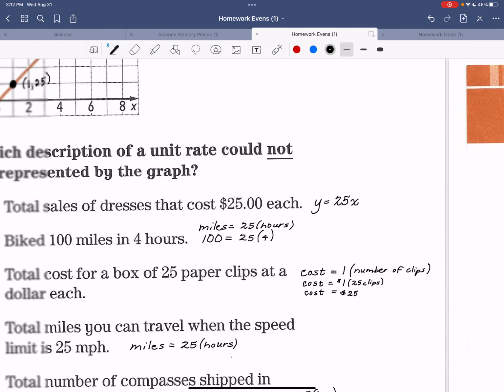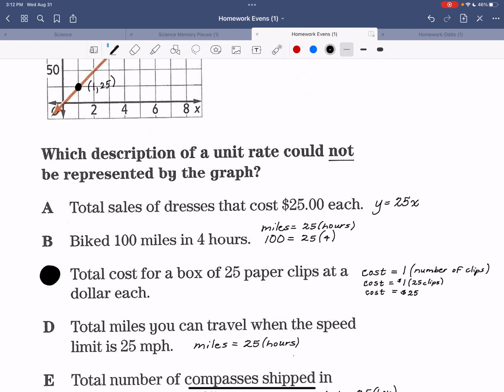Here's the reason. The unit rate, and let me put it on a graph. Let's see if we can make this make sense. So on a graph, you are looking at the cost, which we're saying is $25 of paper clips in a box. So this would be the number of clips.